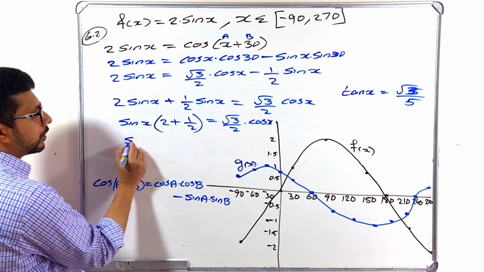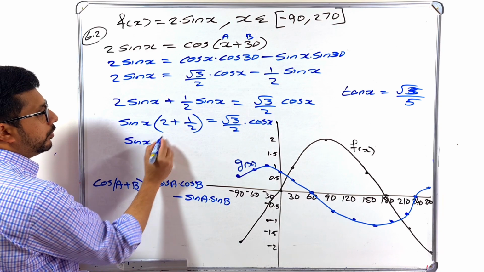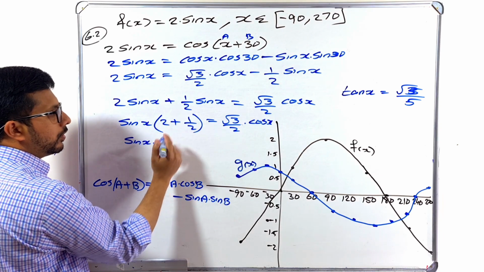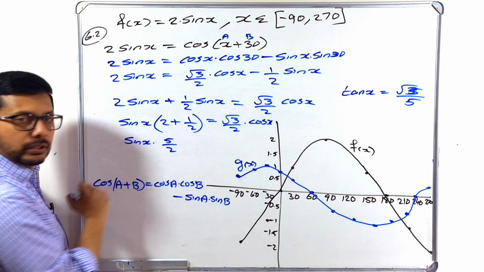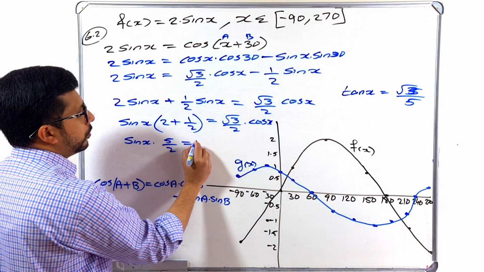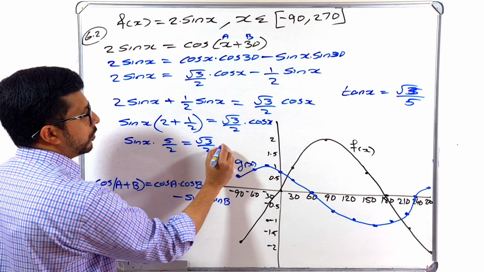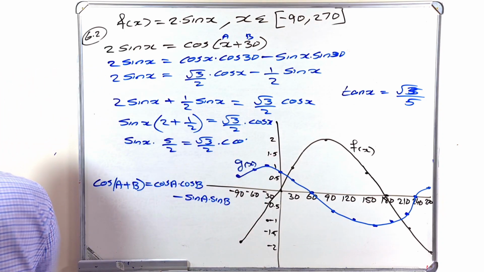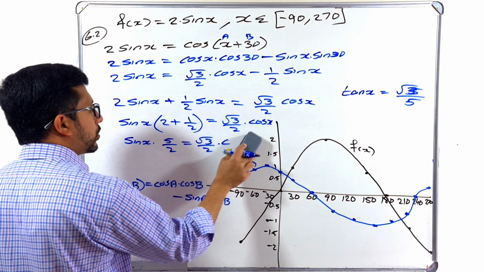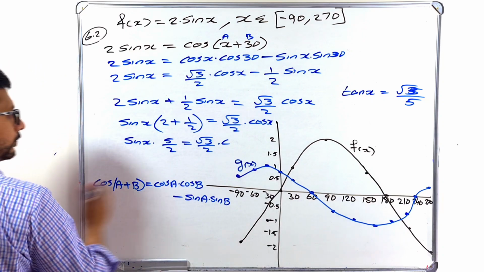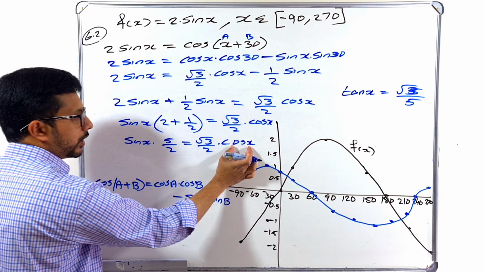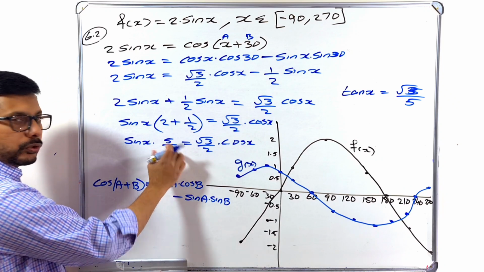This is sin x into, what is simplified, 2 into 2 is 4, 4 plus 1 is 5, so it is 5 over 2, is equal to root 3 by 2 cos x. So take this cos x to the left side and this 5 over 2 to the right side.